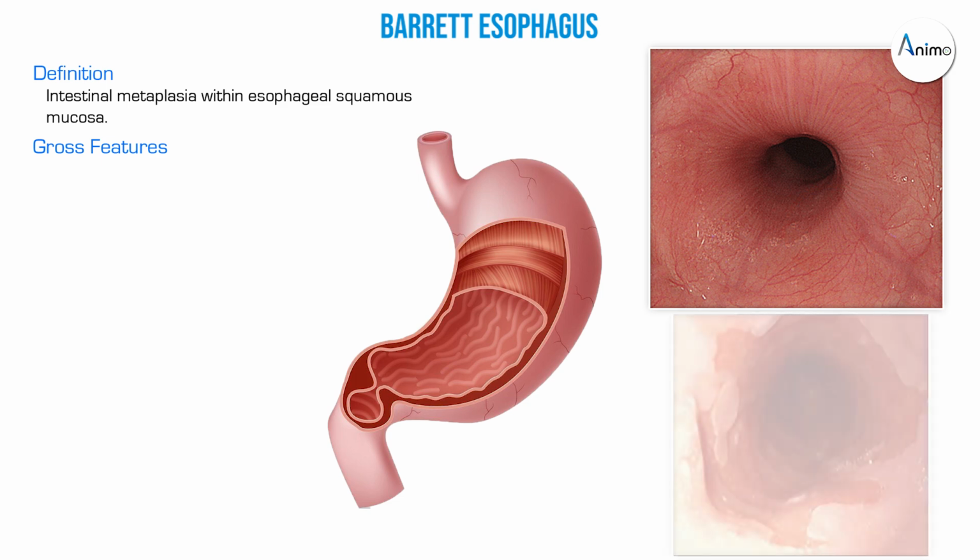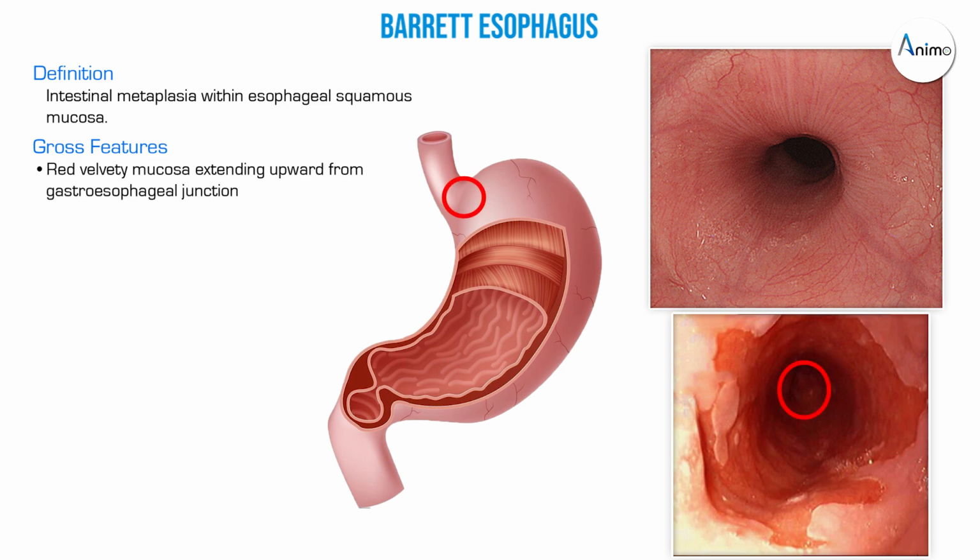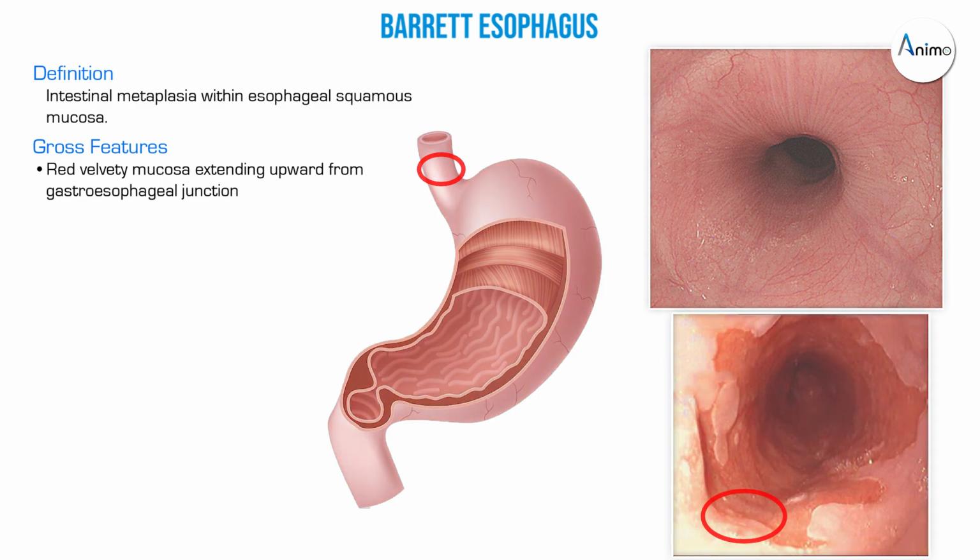But in Barrett esophagus, it can be converted into red velvety mucosa extending upward from the gastroesophageal junction into the esophagus. This is the gross appearance of Barrett esophagus.